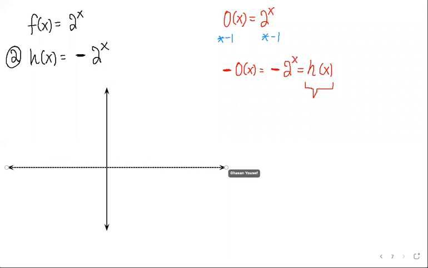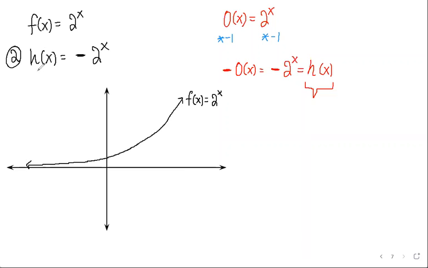The function 2 to the x, I know how to graph from before, is something like this. This is the function 2 to the x, f of x equals 2 to the x.